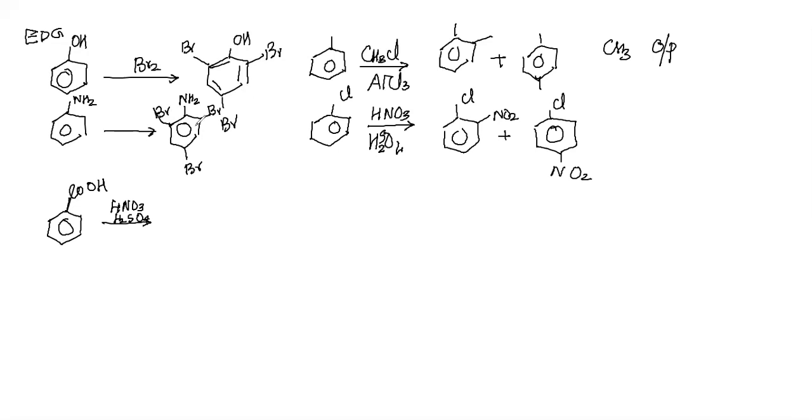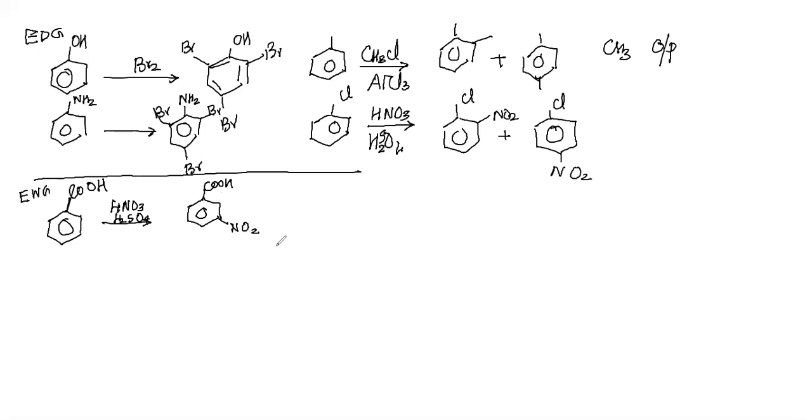Okay. What will you get? You get a meta product. Now, how do you know whether a group is electron withdrawing or electron donating? So these are electron withdrawing groups.